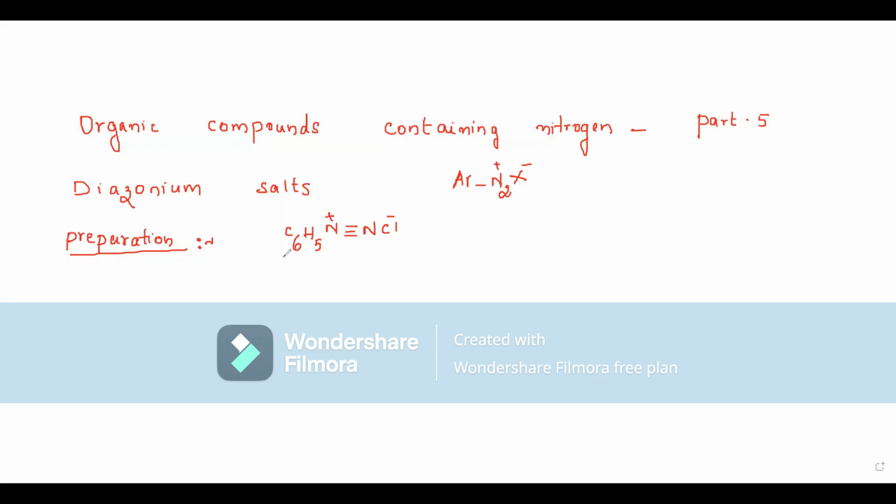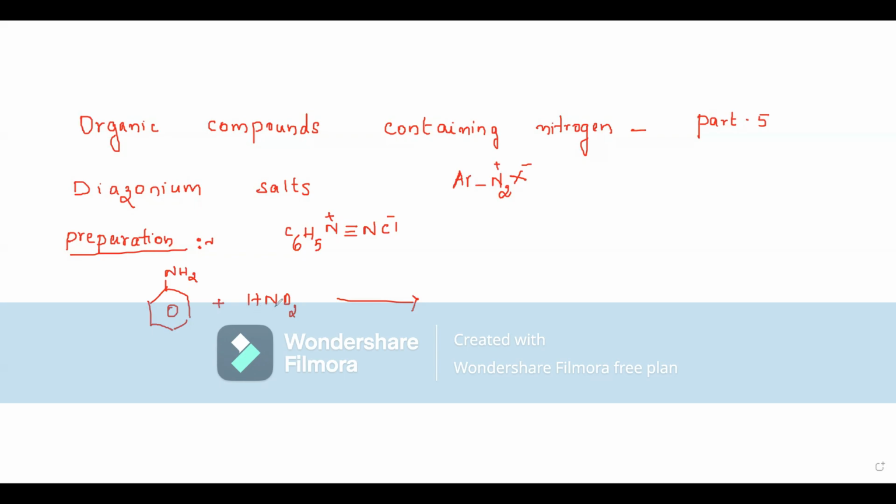Now, let's see how this benzene diazonium chloride is prepared. So, you need aniline, C6H5NH2. This is aniline. Treat aniline with HNO2, which is nitrous acid. But nitrous acid is unstable.